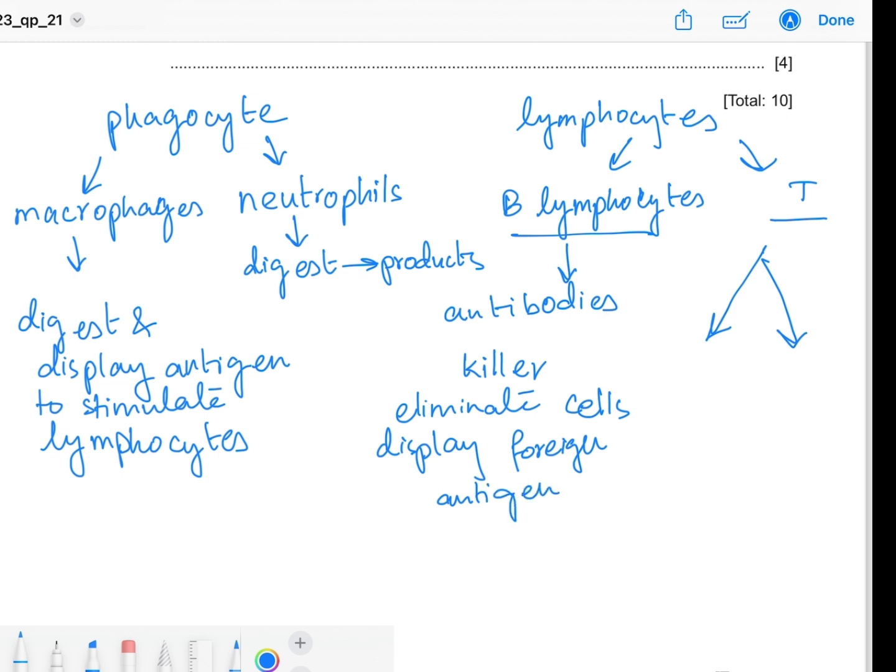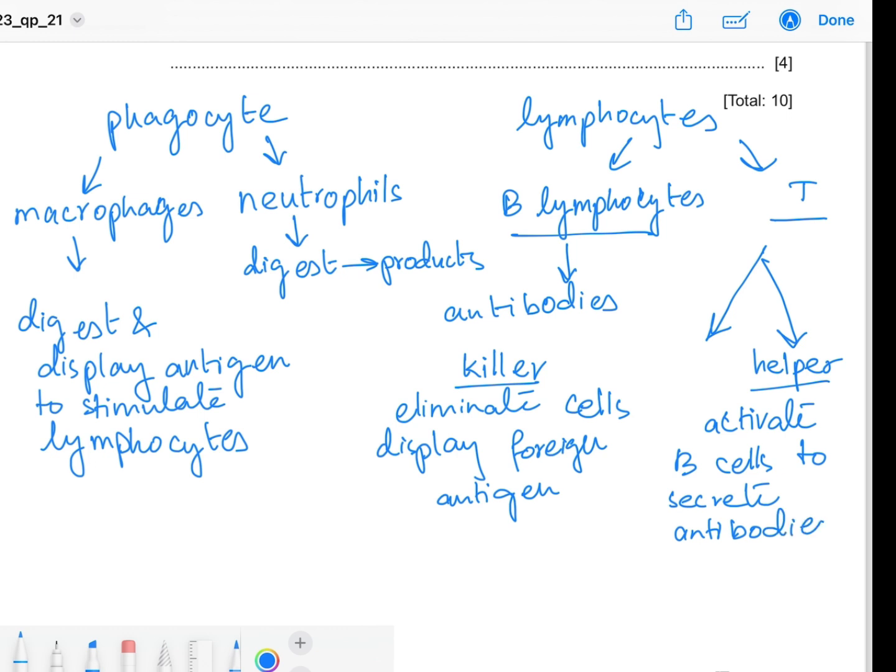So these are cells like macrophages, whereas helper cells will activate, they'll activate B cells to secrete antibodies. In addition to this, helper T cells will also stimulate macrophages to carry out phagocytosis faster.